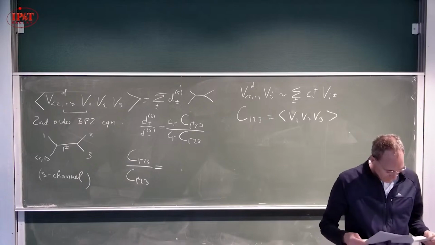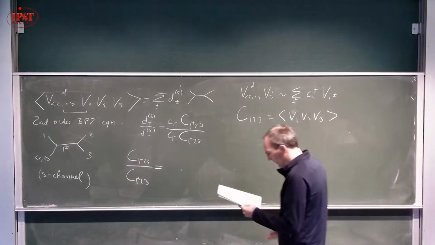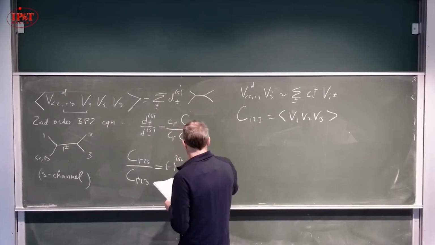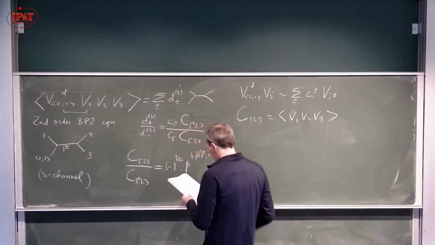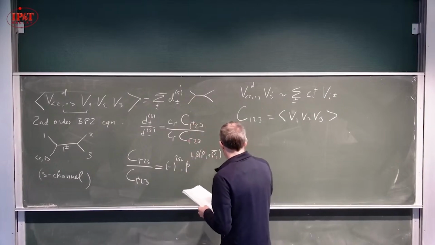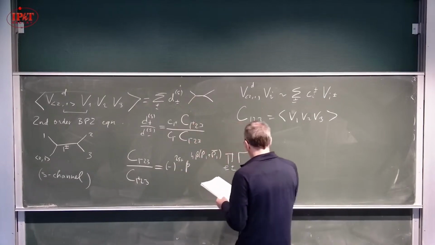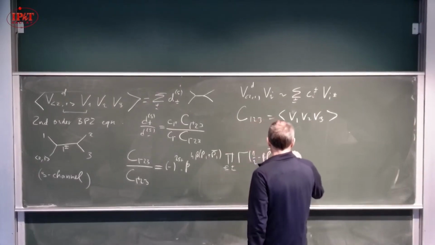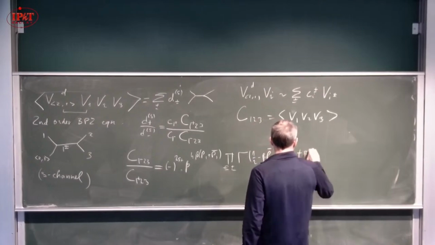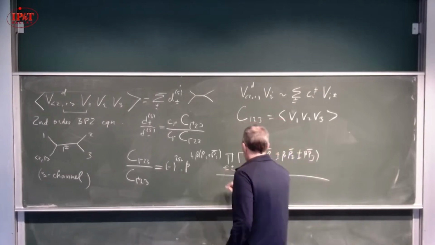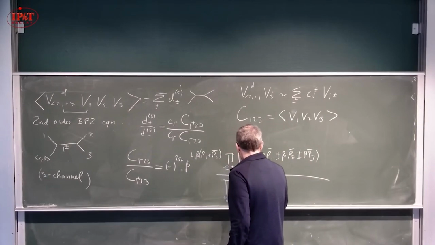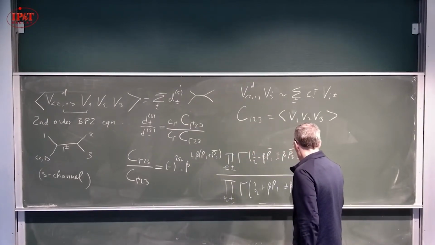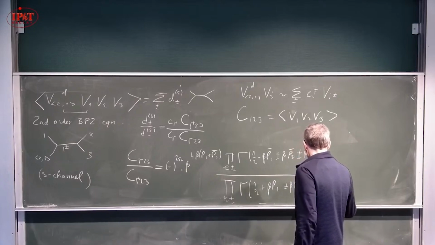So this ratio was, well, there are some prefactors, -1 to the 2s2, beta to the 4 beta, P1 plus P1 bar, and then a bunch of gamma functions, 8 of them, in fact, 4 in the numerator, gamma of 1/2 minus beta P1 bar plus minus beta bar plus minus beta P3 bar over gamma of 1/2 plus beta P1 plus minus beta P2 plus minus beta P3.